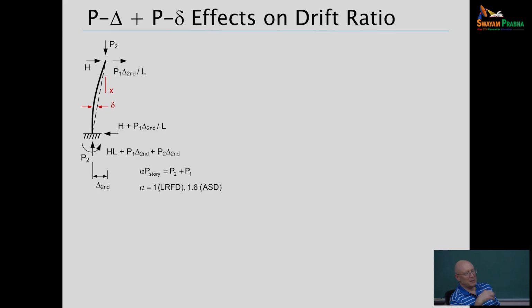If I have a column that's just falling over and has no bending in it, there's no small delta. That's what's happening with the leaning column on the right. But since the lateral load resisting column has some bending in it, I have some deflection relative to the chord between the member ends in the deflected configuration. So I have some P small delta in addition to the large delta.